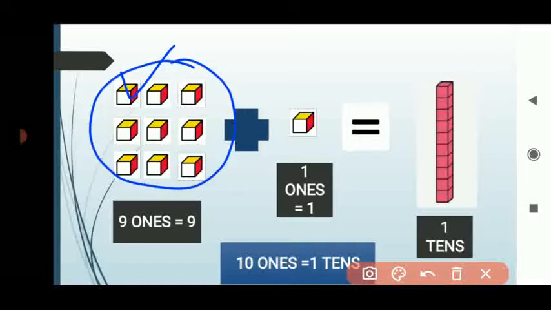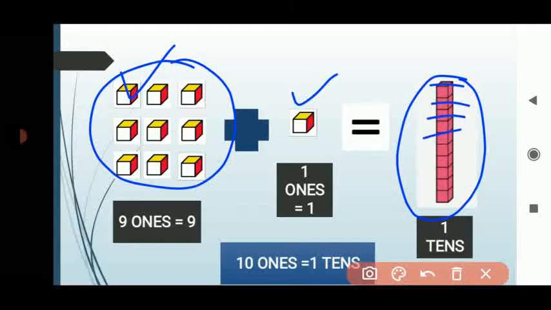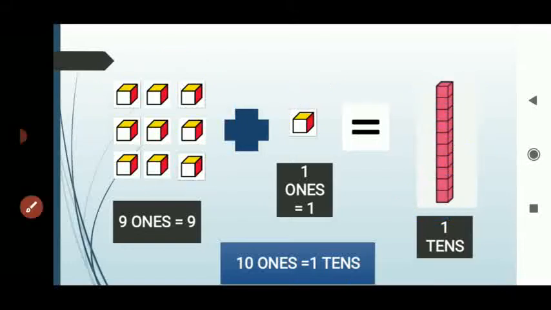And if we add 1 one to the 9 ones, we will represent it as 1 ten. And if we look at this tens block, there are 10 ones in it. We have to count the small boxes in it. 2, 3, 4, 5, 6, 7, 8, 9, 10. So 1 ten is equal to 10 ones. This is the concept which you already know.